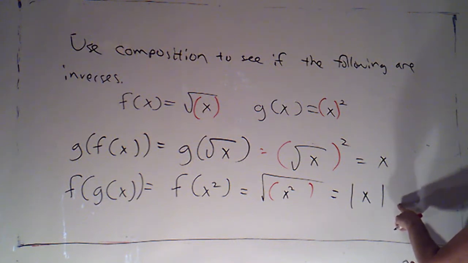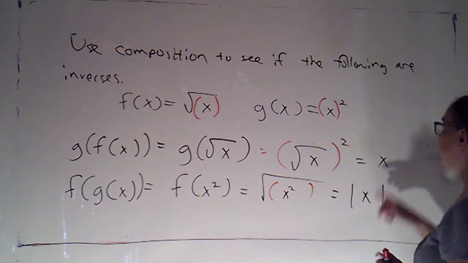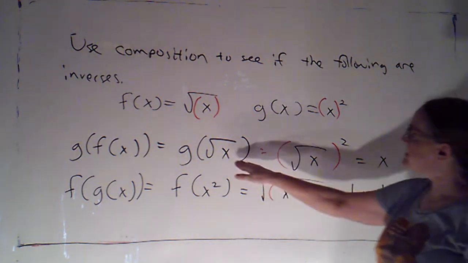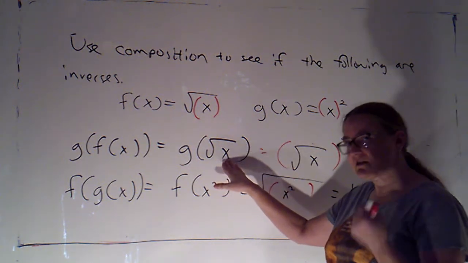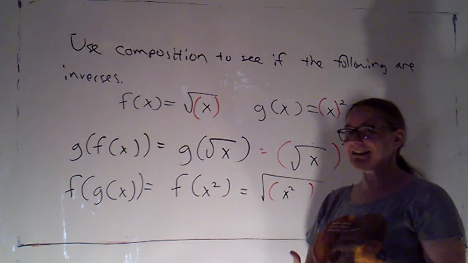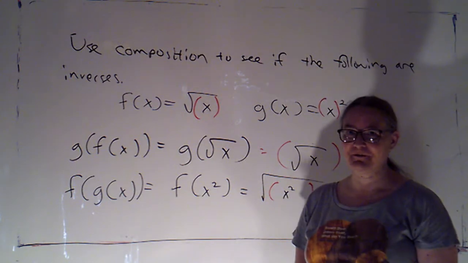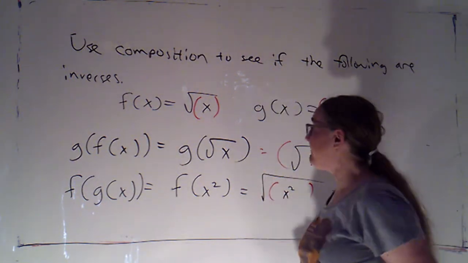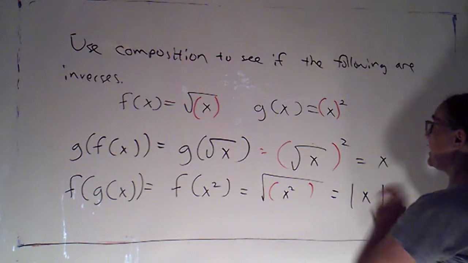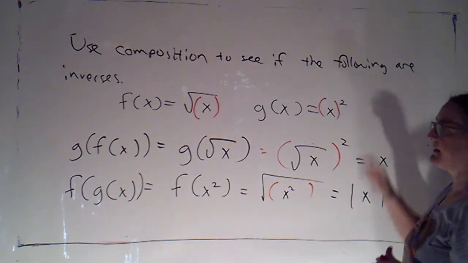Now what's happening here is the reason this one worked is that by taking the square root of x first, we put some restrictions on x. X had to, in order for this to be defined, be non-negative. So if I have a non-negative number, then I can take its square root and then I can square it.